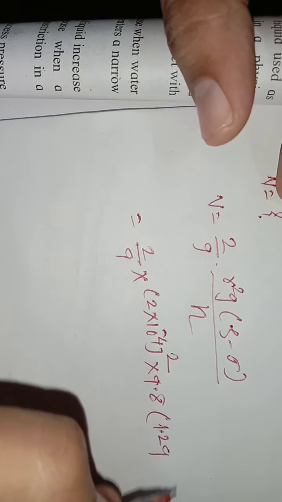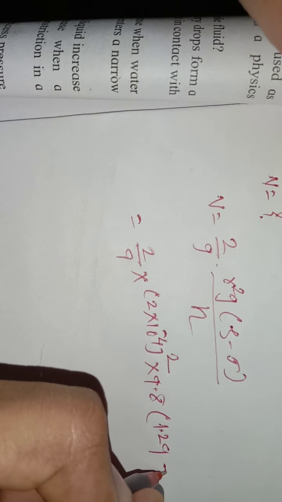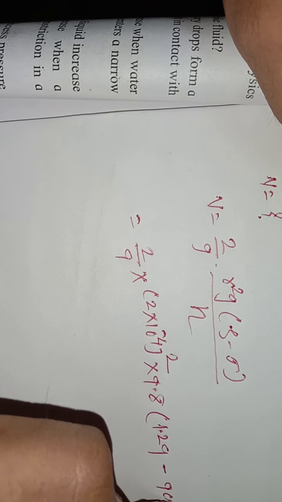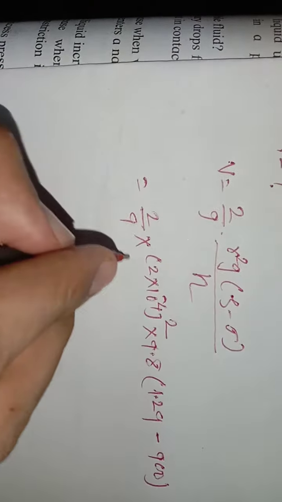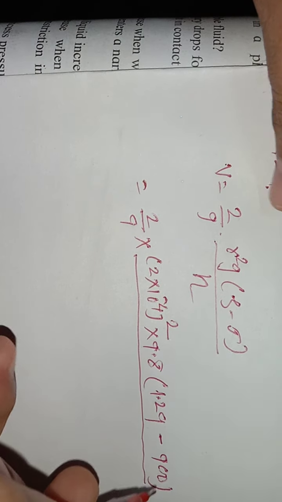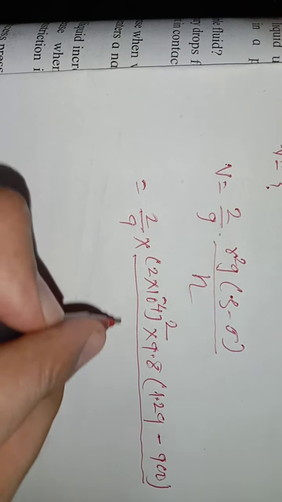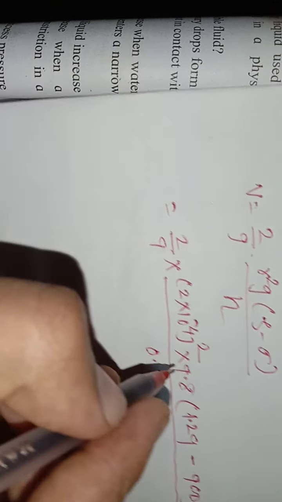1.29 minus sigma, that is 900, divided by eta. Eta is given, that is 0.1.